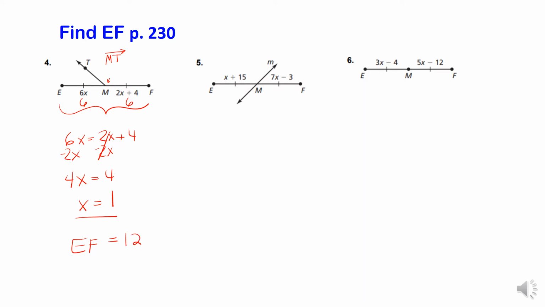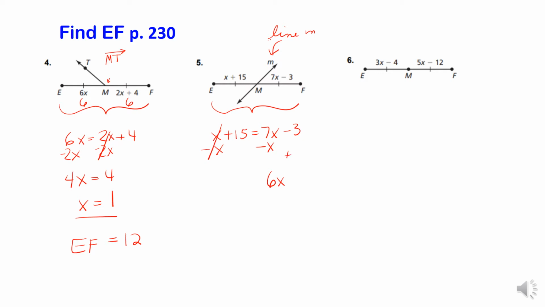Okay, now we have line M, so we could call it line M, is the bisector here. And EF, again, is the big one. So I have to solve for x first. x plus 15 equals 7x minus 3. Subtract x from each side, I get 6x.